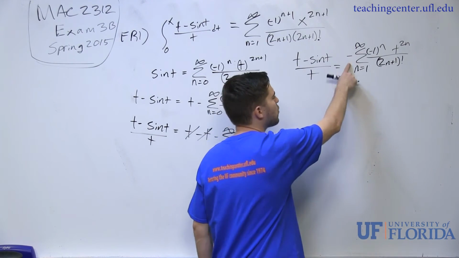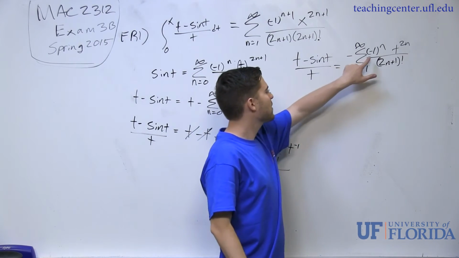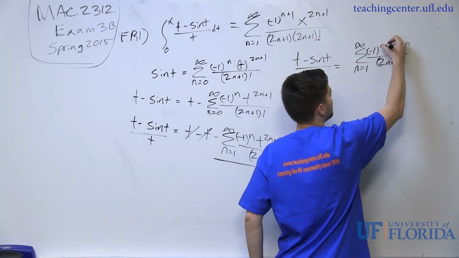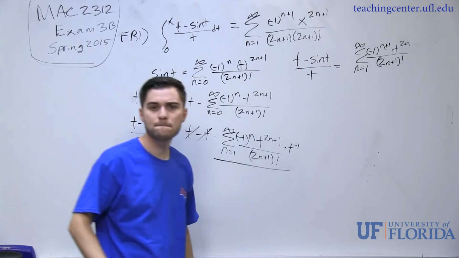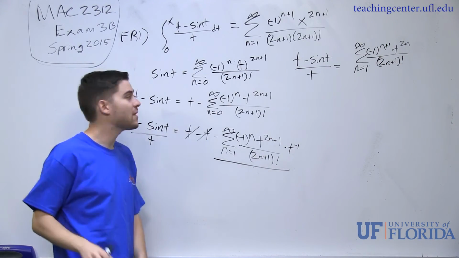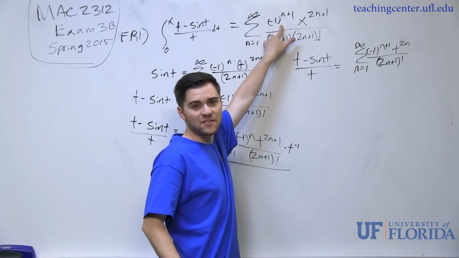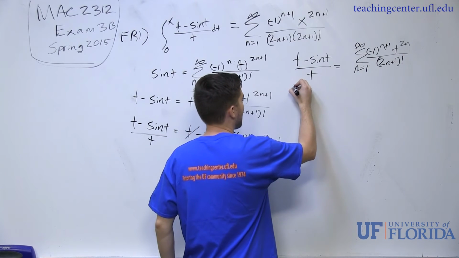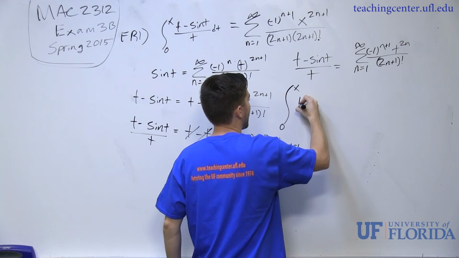While I have the chance, I have a negative 1 and I have negative 1 to the n. I can combine those into negative 1 to the n plus 1, since that's how it appears in the answer, so I'm not going to leave that negative outside. Now I'm going to integrate both sides from 0 to x.